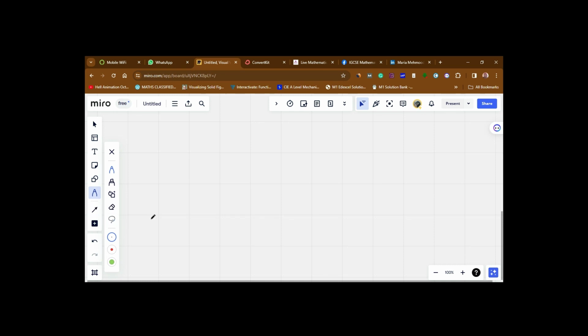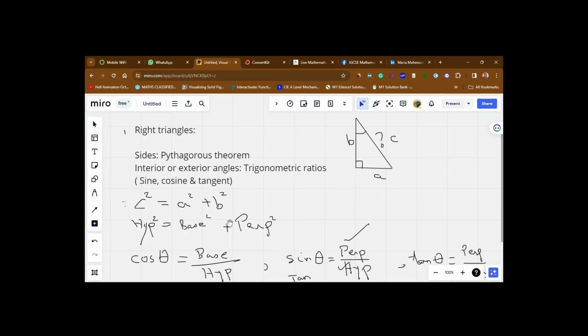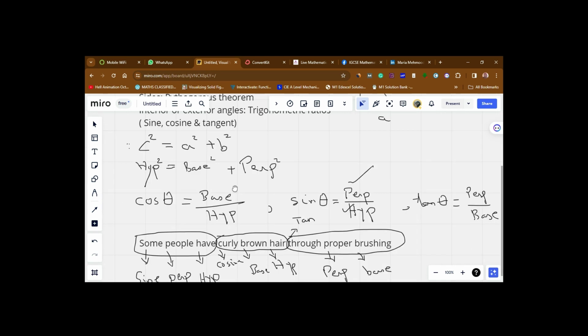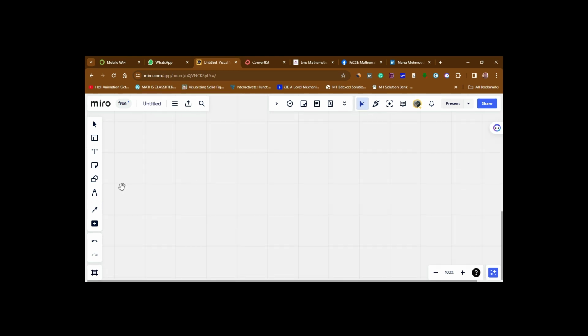So over there, if I ask you to find an unknown side length or unknown interior angle value, which formulas are you going to use? Of course, these trigonometric ratios and Pythagoras theorem are not going to work there because it's not a right triangle you're handling this time. So what exactly are you going to use here? You are going to use cosine law and sine law.